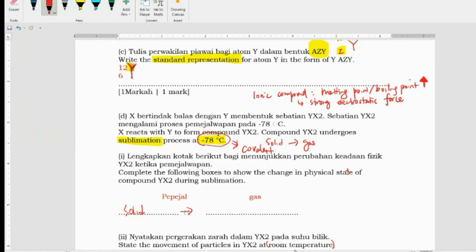Okay, last week kita ada sebut kan? BB? 25. Yes, very good. 25. Okay, 25. So here, mention to you, sublimation is -78. Okay, so -78, solid change to gas already. So at 25 degrees Celsius now, what is the physical state?